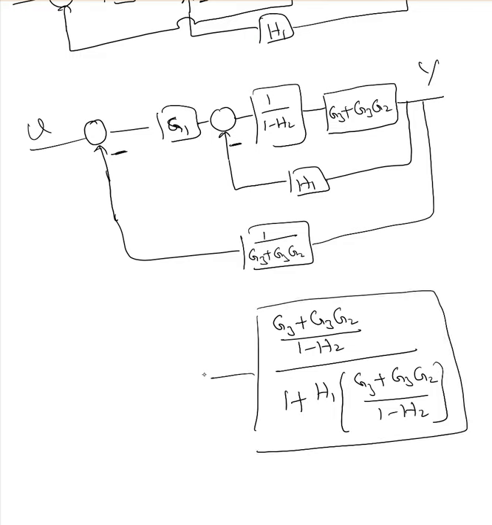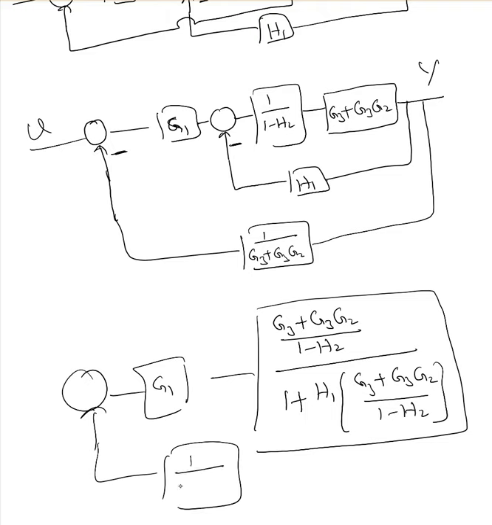Then I have z1, again this feedback, 1 over z3 plus z3 z2. That's our y and u.